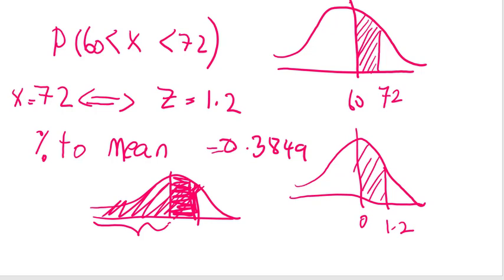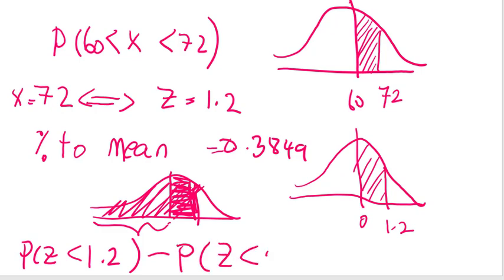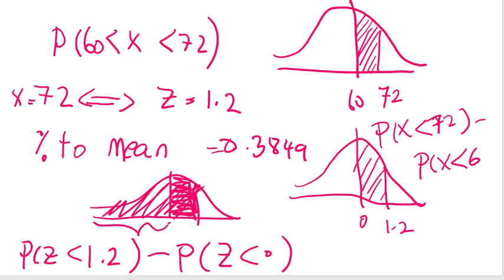So I will say probability of Z less than 1.2 minus probability of Z less than 0. Or in other words, probability of X less than 72 minus probability of X less than 60. And this is the way that we do it for everything.